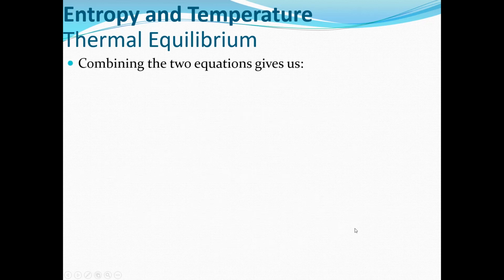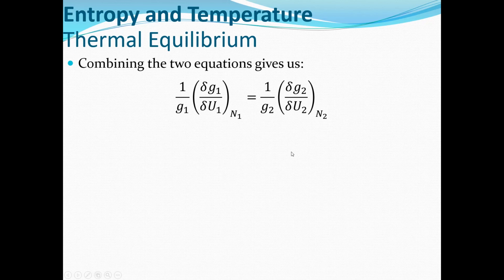So when we combine that idea, that the changes in u1 and u2 are the same, with our most probable configuration equation, we can drop them out, and then when we put all the system 1 values and system 2 values on the two sides, we end up getting this equation.